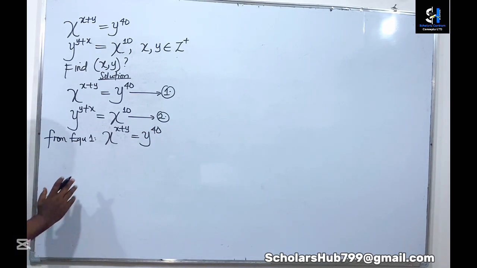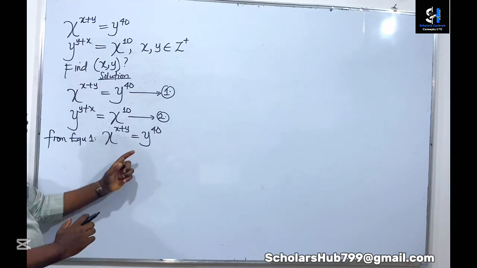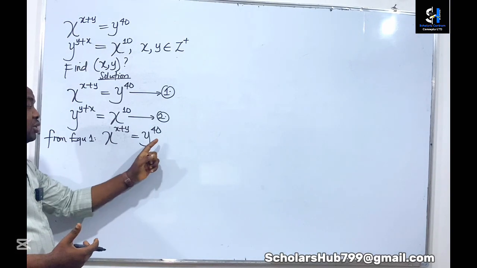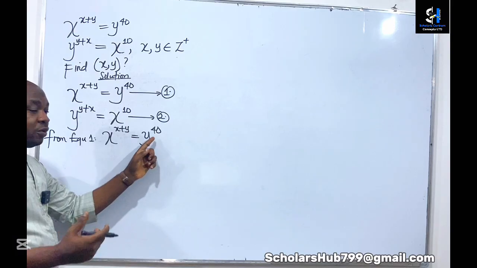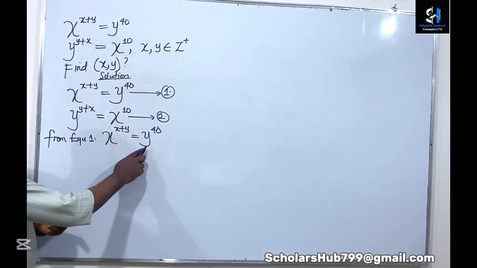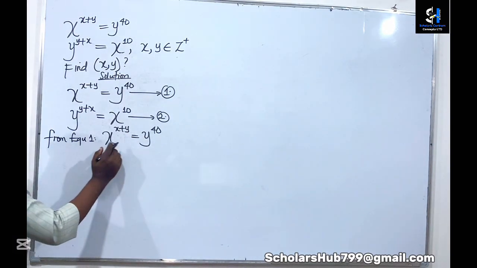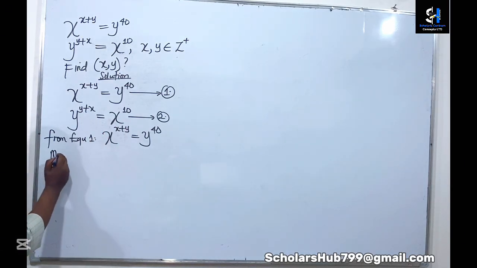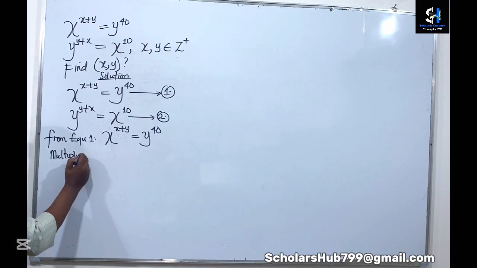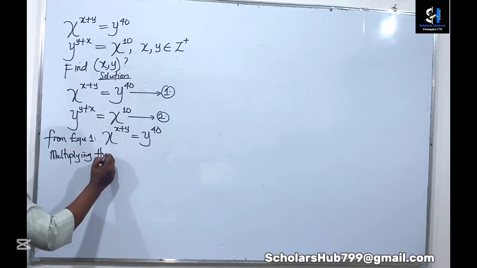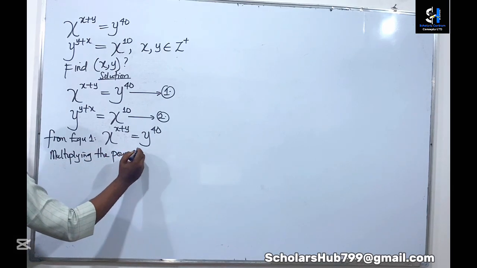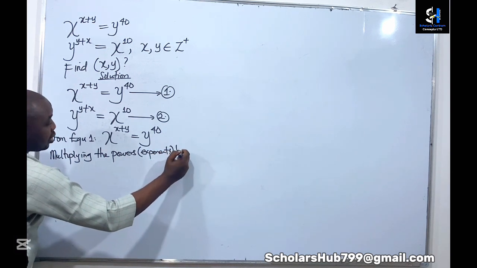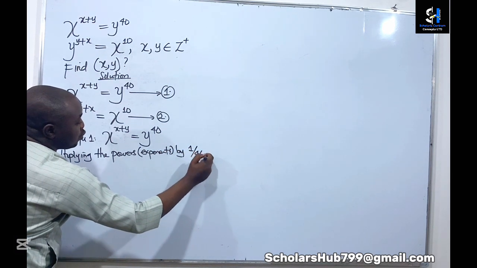That's equation 1. So what I'm going to do is express y in terms of x. And to do that, I need to get rid of power 40. So I'm going to multiply the powers, or we can say the exponents, by 1 over 40.